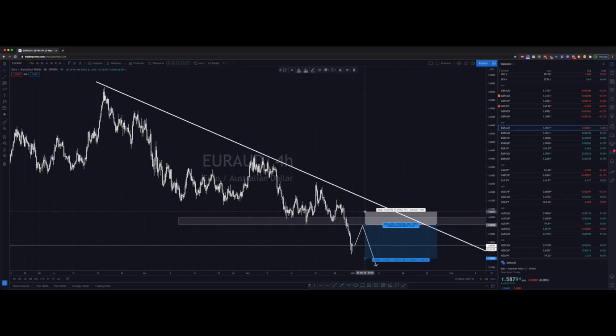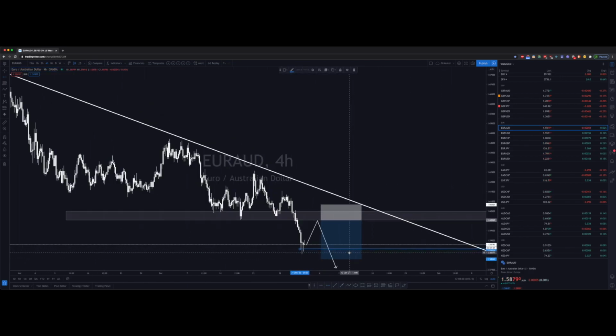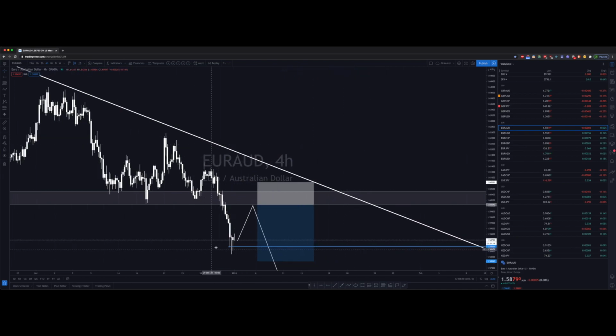stops just above, right? Initial targets will be at, I wouldn't go all the way to the major lows, right? So initial targets will be around there, call that TP1.